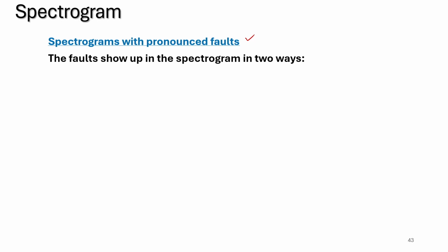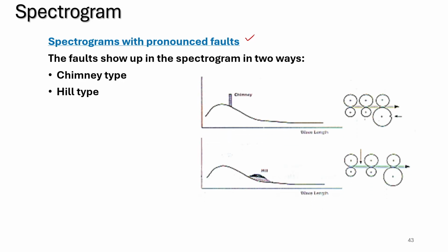The faults show up in the spectrograms in two ways, chimney type and hill type. The chimney type is mainly due to some fault in the gear or the eccentricity of a roller, so we get a chimney where a clear peak is observed.